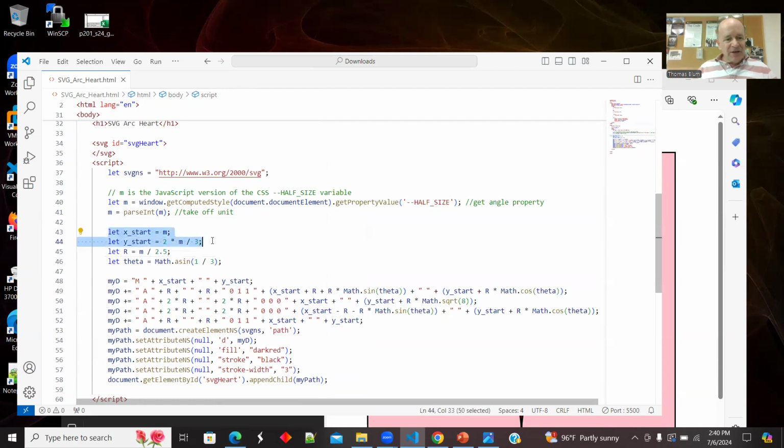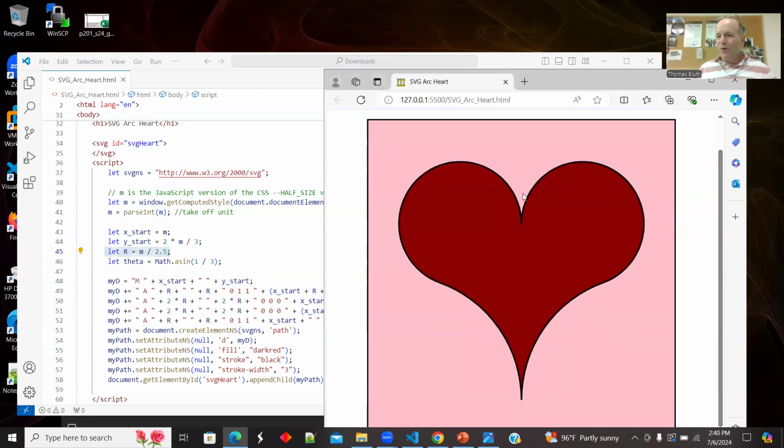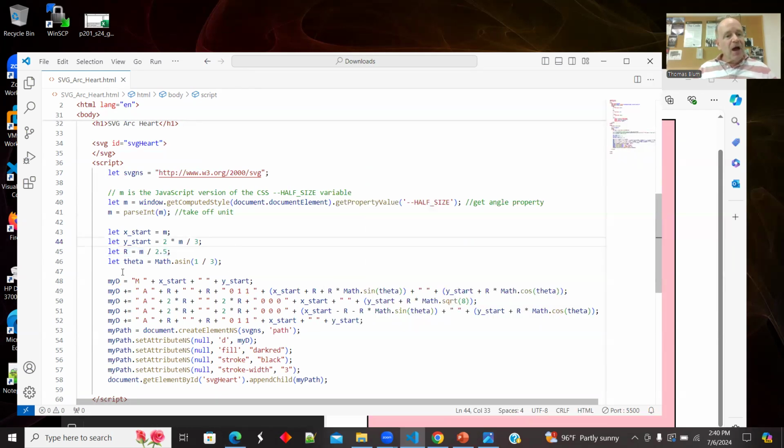So that's my X start and my Y start. I decided to make my radius M divided by 2.5, and that was just a little bit of playing, trying to get it within my container. And then here is that angle, the arc sine of 1/3, as we discussed.